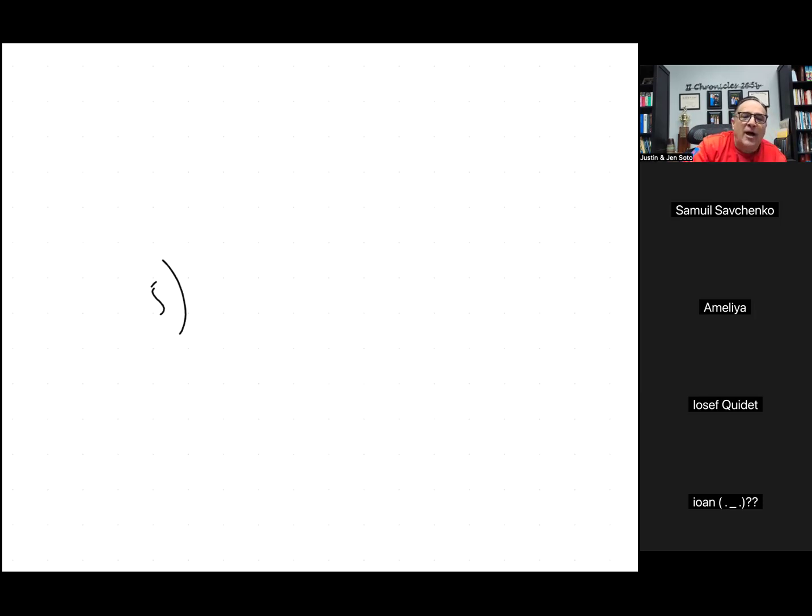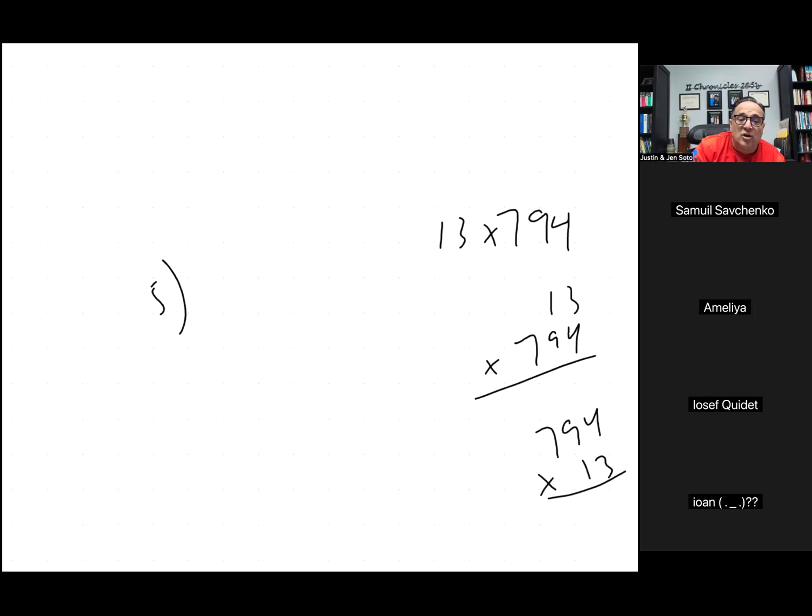So anytime we multiply numbers, if you had 13 times 794, you could either go 794 times 13 because order doesn't matter, or 13 times 794. Now, in this particular one, it'd be easier to put the 13 on the bottom because it's only 2 spots and it's easier to multiply 3 and 1, right?